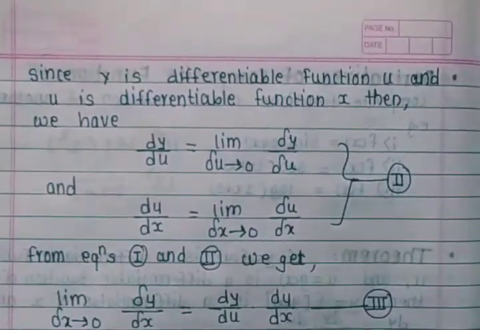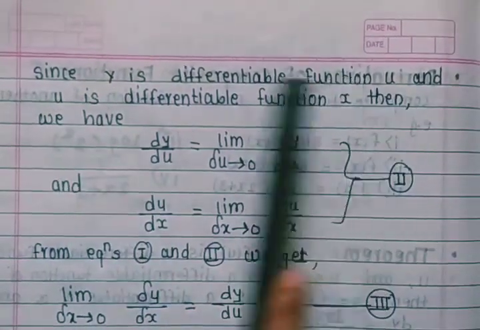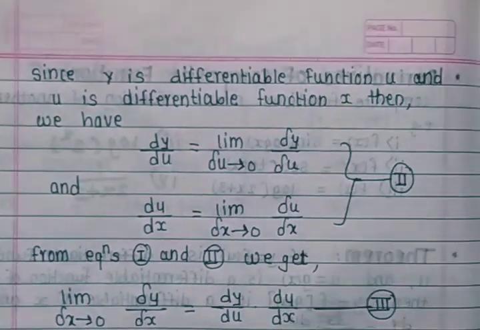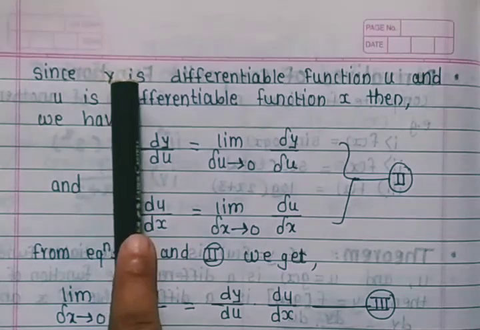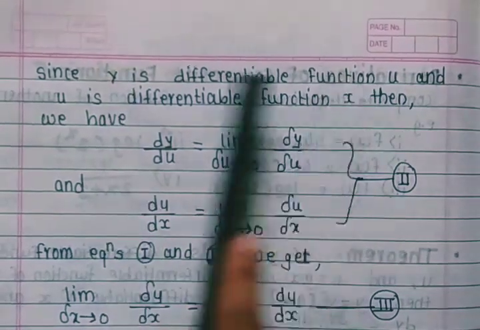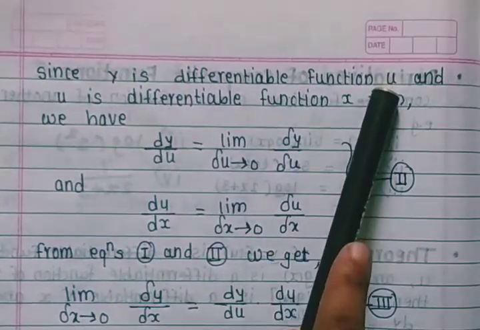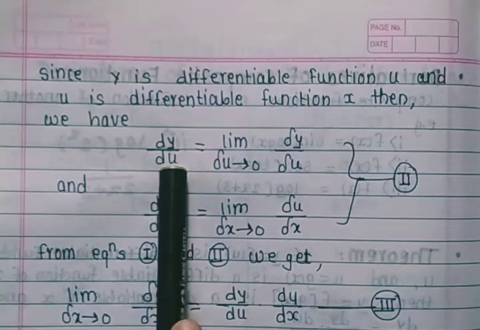Now, in the statement, it is given that y is a differentiable function of u and u is a differentiable function of x. By using Leibniz notation, if y is a differentiable function of u, it means the derivative of y with respect to u exists.